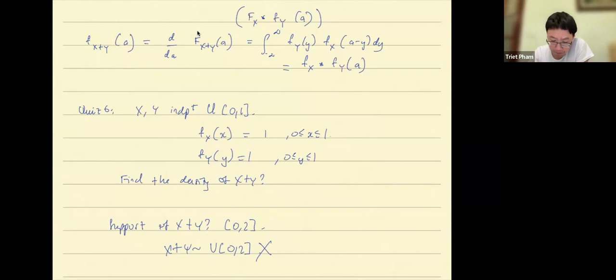Let's see. Oversimplifying a little bit, but let's say that you follow the formula. I see minus infinity to infinity. What's f sub y of y? It's 1. What's f sub x of a minus y? Well, it's also 1. So, wait a minute. That's 0 or infinity, whatever.